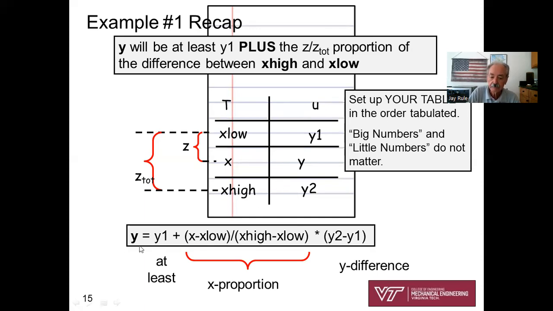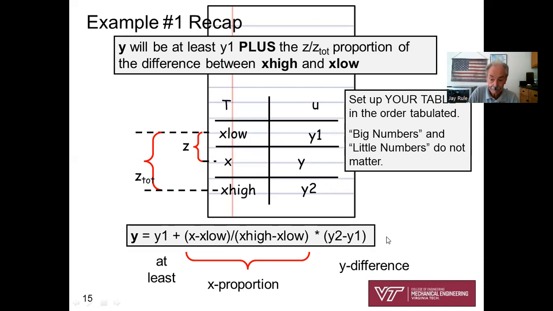And therefore you don't even have to look up this formula in your book or in a tip sheet. You can write down the formula on your own. Y, this variable, equals Y1 plus a proportion. It's going to be X minus X low divided by the quantity X high minus X low, times Y2 minus Y1. So there's the formula.